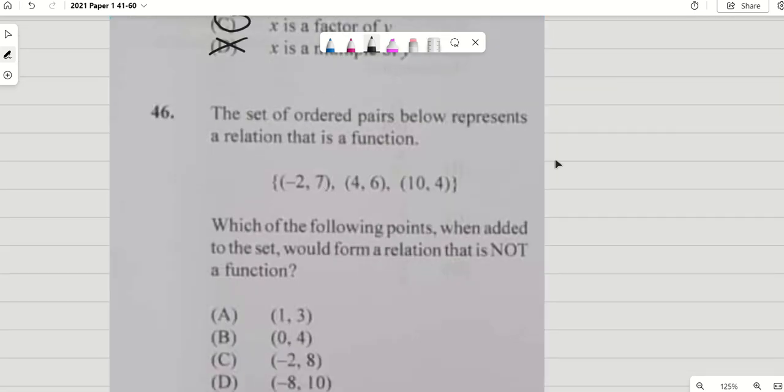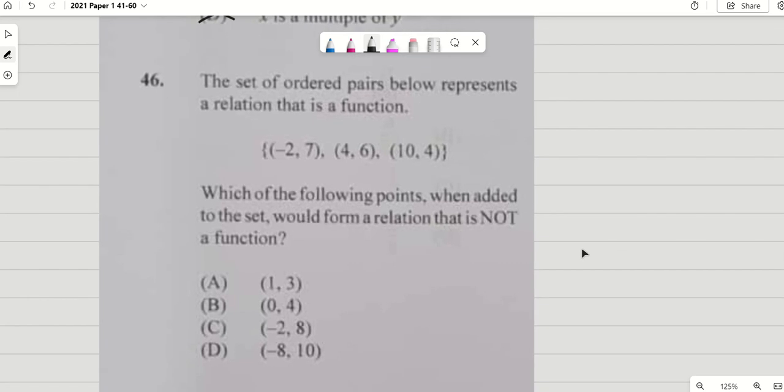Let's look at 46. The set of ordered pairs below represents a relation that is a function. Which of following points, when added to the set, would form a relation that is not a function? So I told you guys, right? We have your domain, and then you have your range, right?